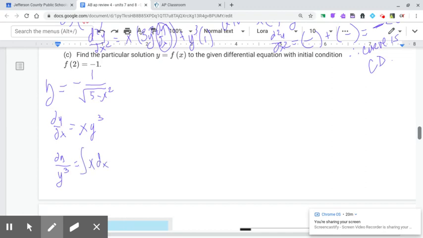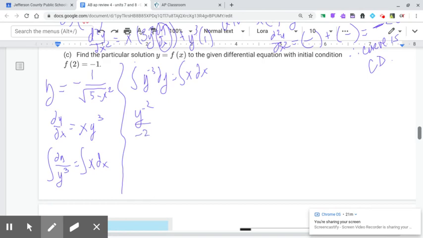We're going to integrate both sides. Be careful on the left that you use the power rule, not log. The antiderivative of y to the negative 3 is a power rule antiderivative. So when I integrate, I raise it a power and divide by the new power. So that's y to the negative 2 over negative 2 equals x squared over 2 plus c, or 1 over negative 2y squared equals x squared over 2 plus c. Now let's use the initial condition.